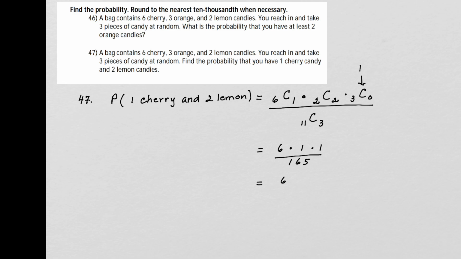So we have 6 over 165, and that would be 2 over 55, which is 0.0364. And that's how you do those problems.